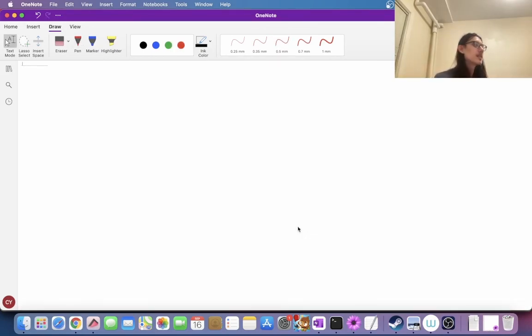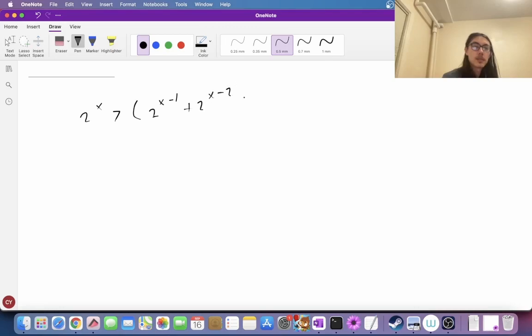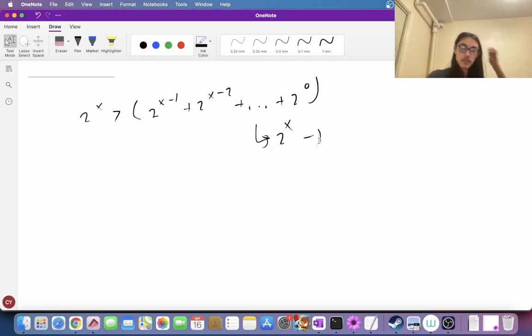So that may have been a lot to take in at once, but I'll come out with the two main takeaways. One is the greedy idea that I presented before, that 2 to the x is greater than 2 to the x minus 1 plus 2 to the x minus 2, etc., up to 2 to the 0, which is overall equal to 2 to the x minus 1.